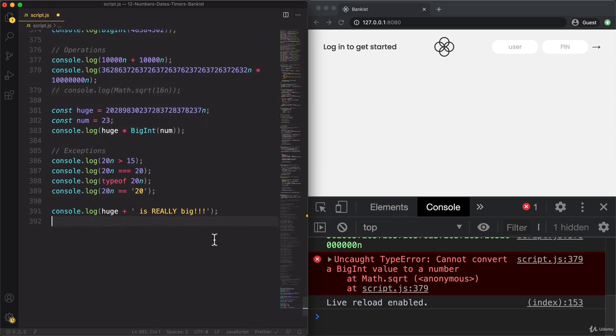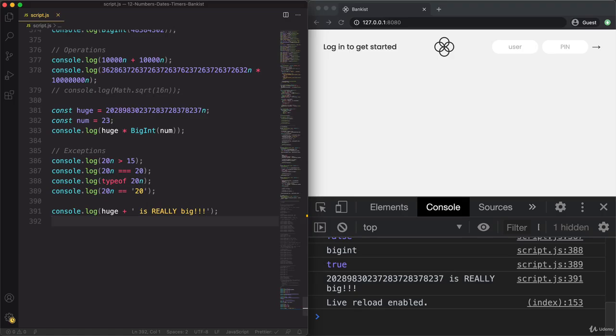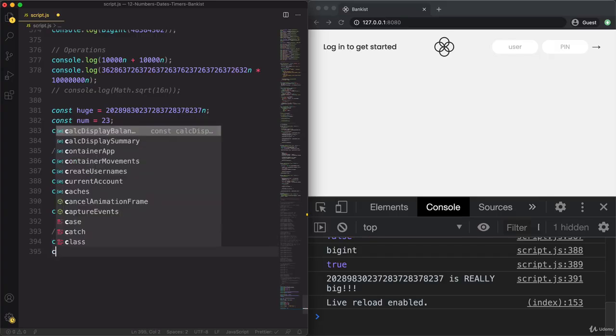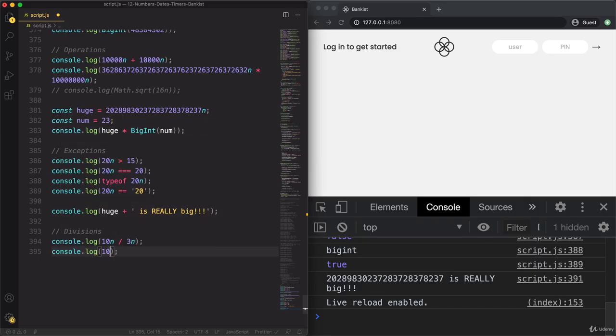All right, finally, let's take a look at what happens with divisions, because BigInt is indeed an integer. So what happens if we do this? 10n divided by 3n. And we know that with normal numbers, this would not be an integer, right? So 10 divided by 3 is 3.33 until infinity.